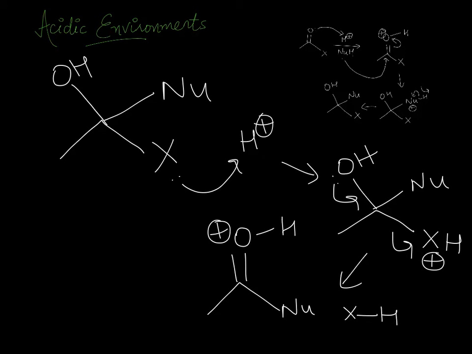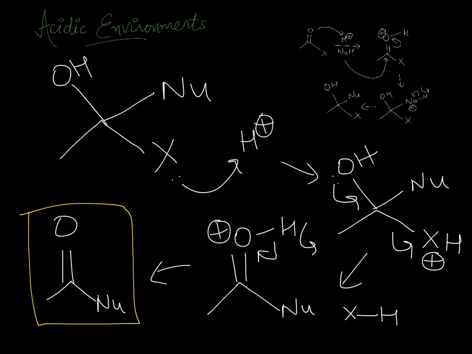And finally, you can deprotonate your oxygen to give the final product. Now if you look back at the mechanism and take a look at everything, you'll notice that not at a single point have you ever formed a negative charge. You formed either positive charges or a bunch of neutral molecules, all of which is allowed in an acidic environment.